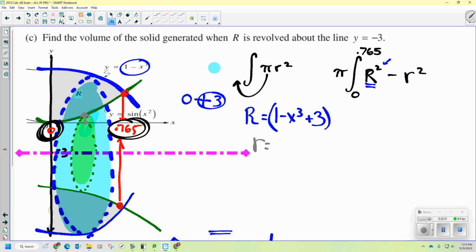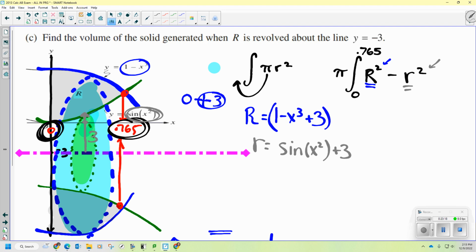That's just the green line, wherever the green line is. That's sine of x squared. But again, I'm rotating it. I got to go 3 more spaces down. So I've got to take my sine of x squared, and I've got to add 3 to that. That's my smaller radius. Of course, I cannot forget to square that as well.